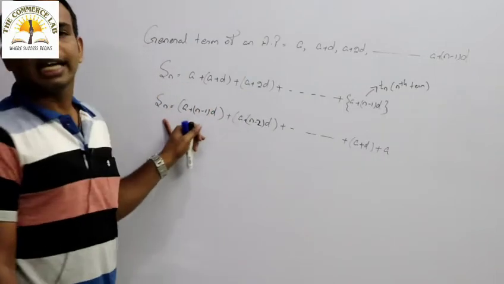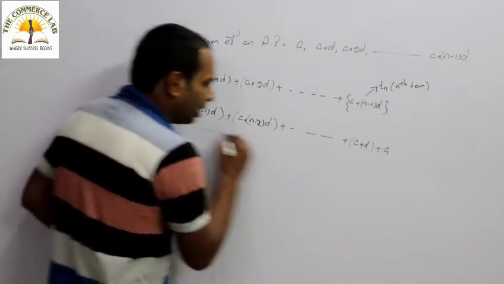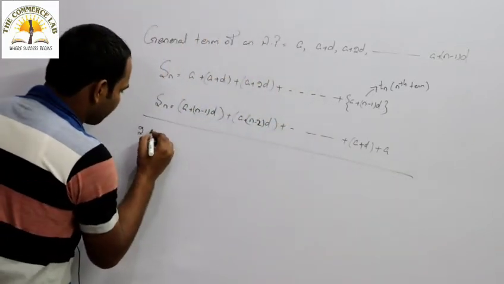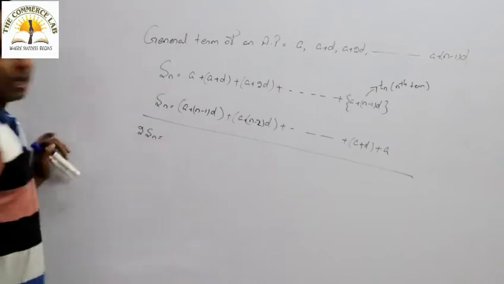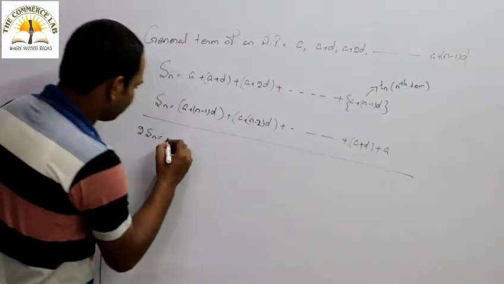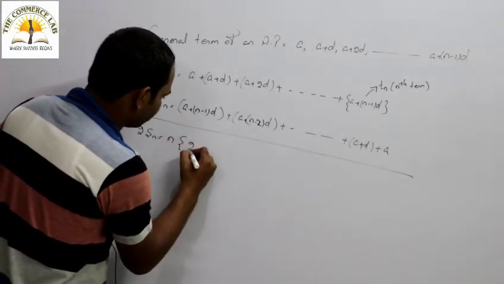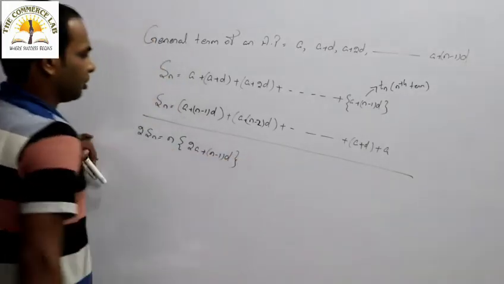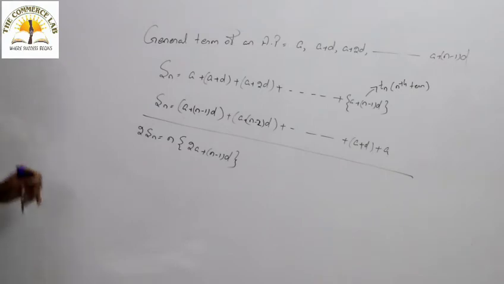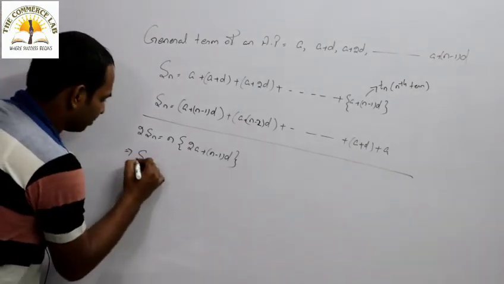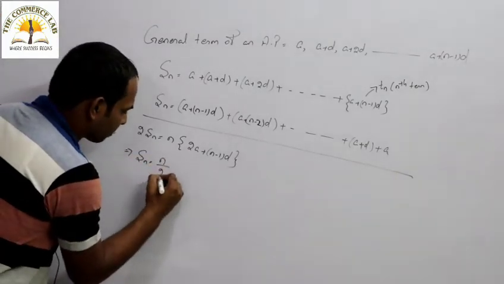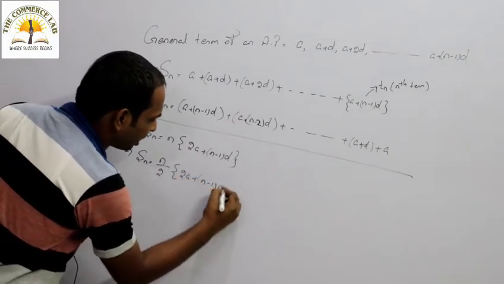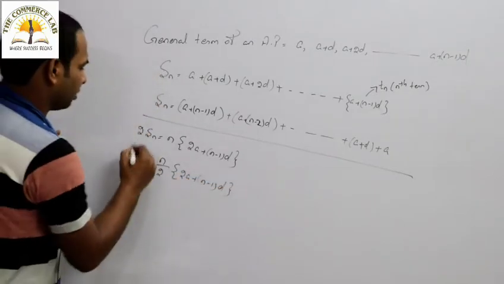It can also be written like this. By adding these two, 2Sn equal to n into 2a plus n minus 1 into d. This implies Sn equal to n by 2 into 2a plus n minus 1 into d.